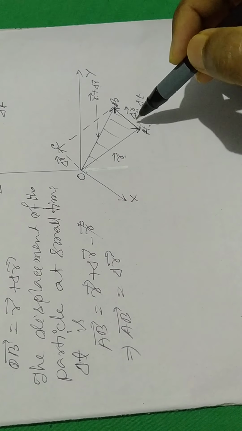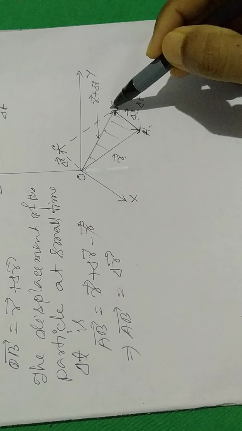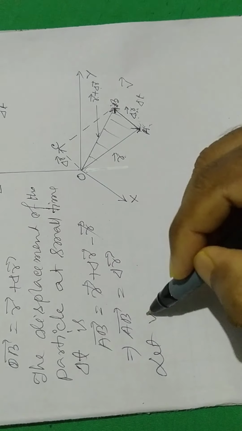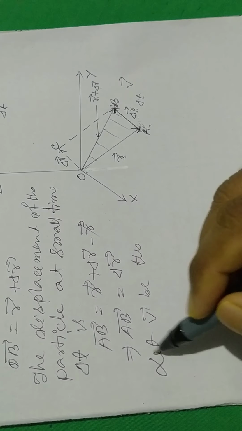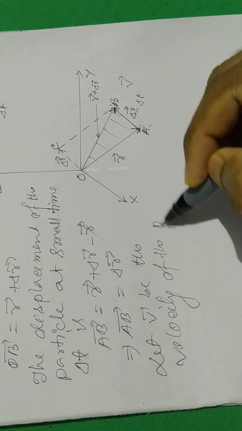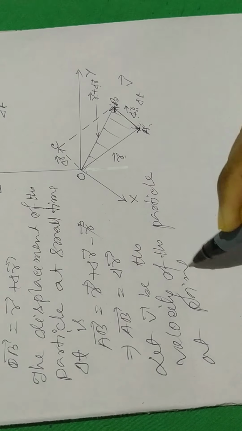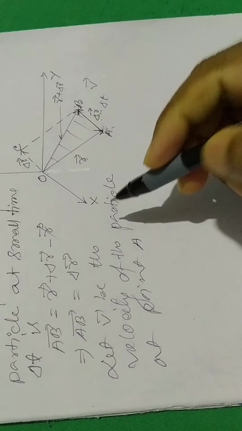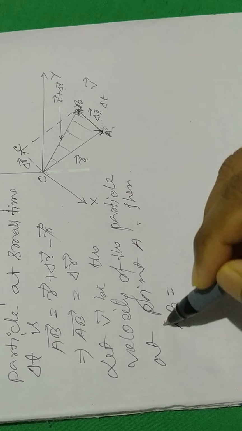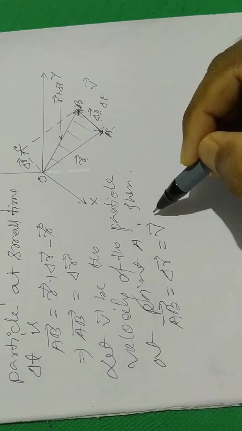Now let V be the velocity of the particle at point A. When the particle moves, the velocity of the particle is V. Then AB, which is del R, equal to V into del t.